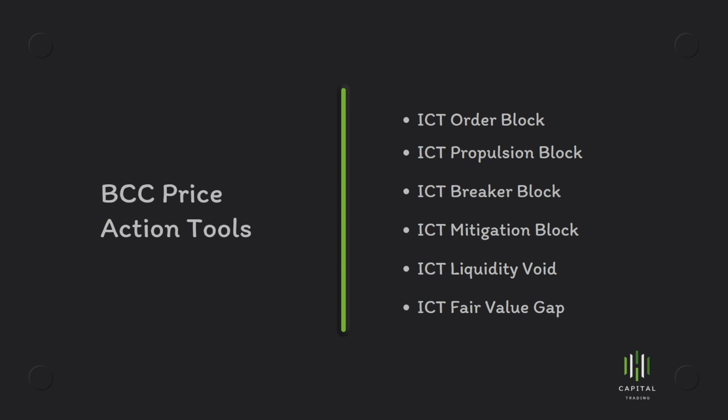If you go on his channel right now, you get a clearer picture of what these are. But what we're going to do is try to find a common base ground for what these tools are and how we are going to utilize them to trade boom and crash, right?